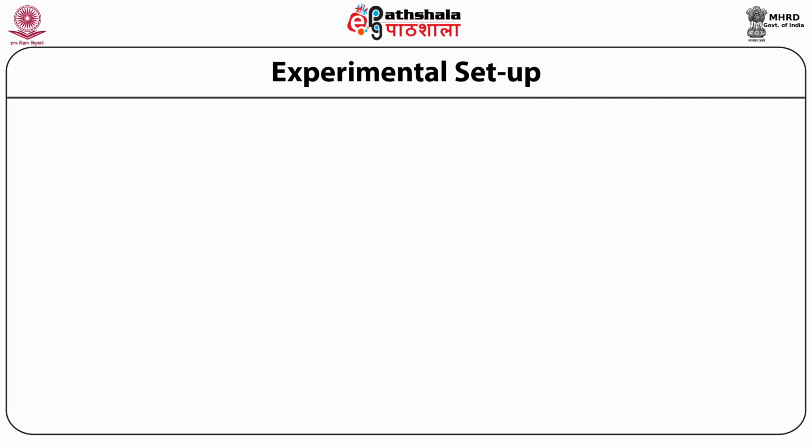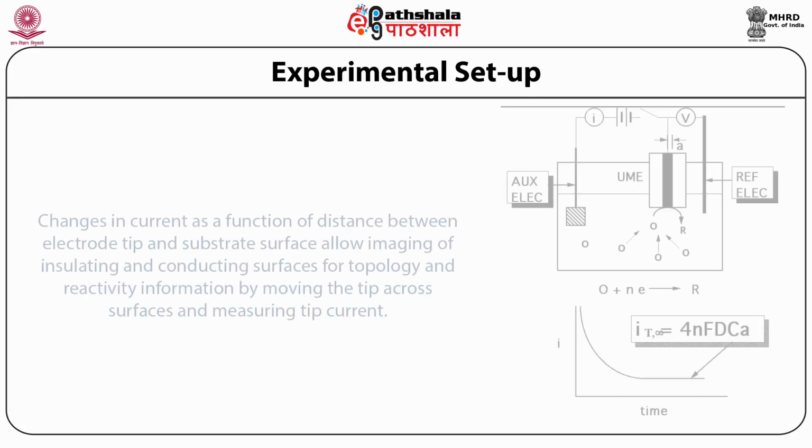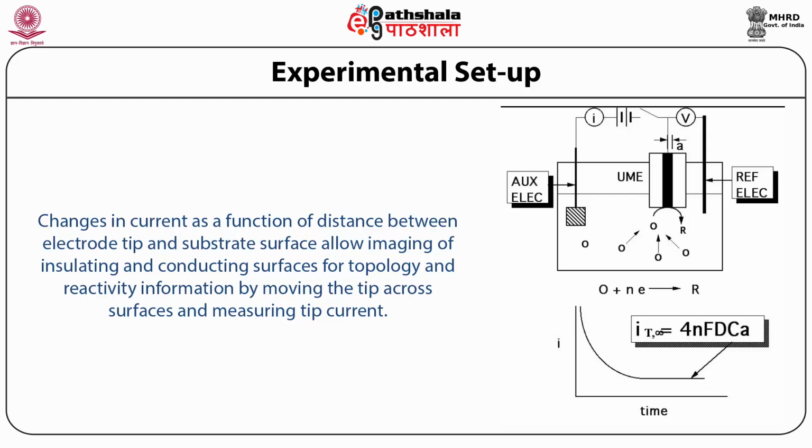SECM instrumentation. Here the experimental setup is shown. Changes in current as a function of distance between the electrode tip and substrate surface allow imaging of insulating and conducting surfaces for topology and reactivity information, by moving the tip across surfaces and measuring tip current.